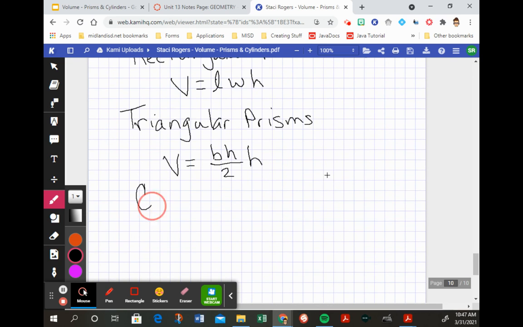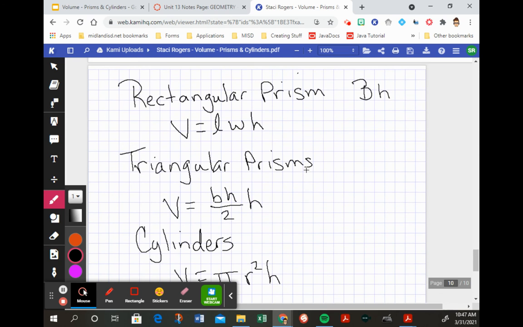And for cylinders, it's V equals pi R squared times height. It looks like 3 different formulas. It is, but it's all one formula because you're changing the area of the base. Okay. Good luck. If you have any questions, let me know.